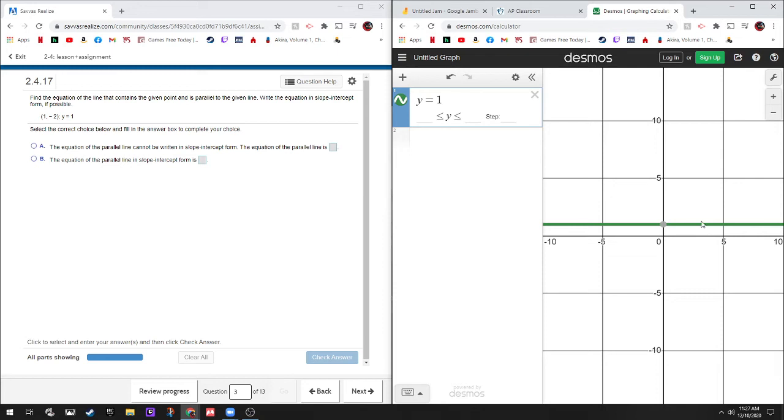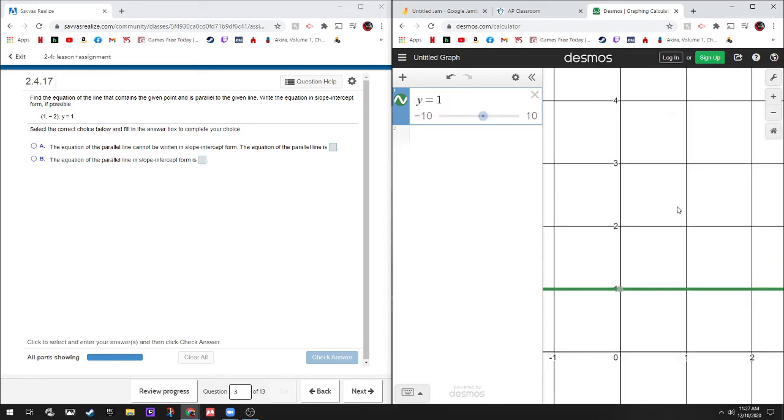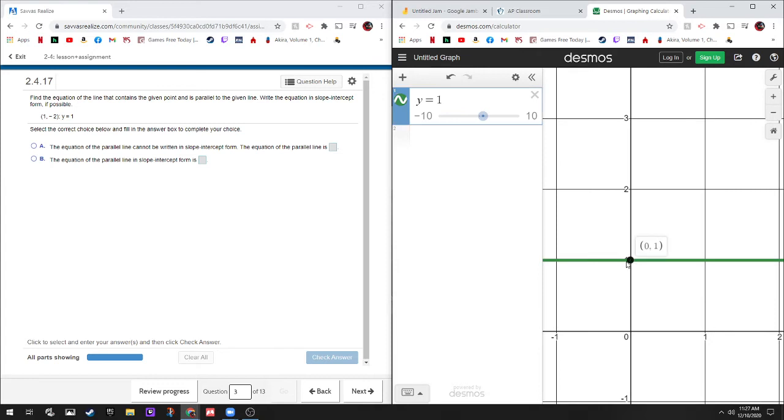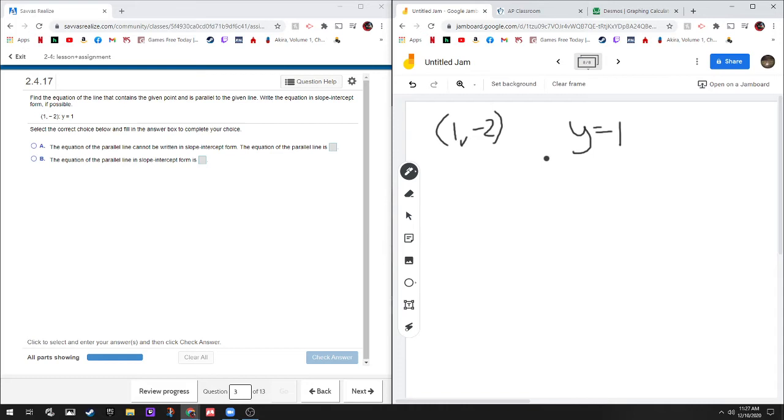Y equals 1. It's just a flat line going through the y value 1. The way that we know that, every y equals just a plain number line will always be perfectly flat like this. It'll always be horizontal.